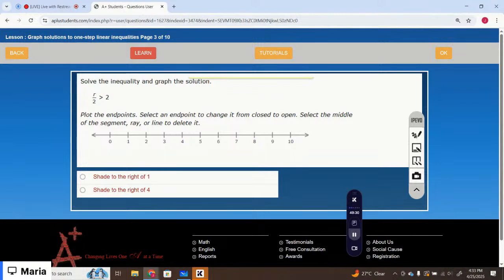Solve the inequality and graph the solution. So which is the correct option? That is shade to the right of 4. Option number 2 is the correct option.